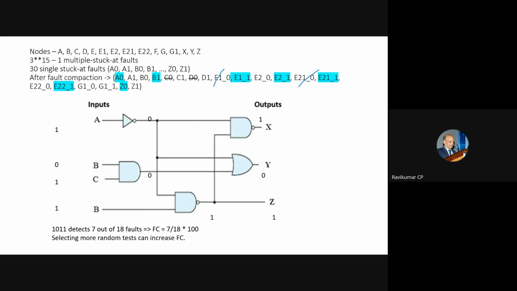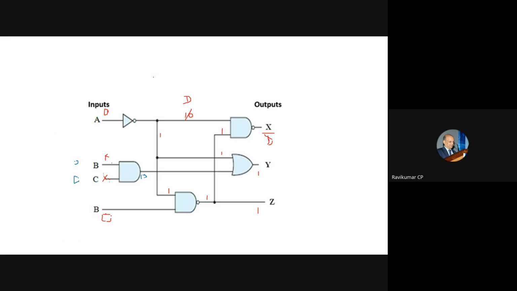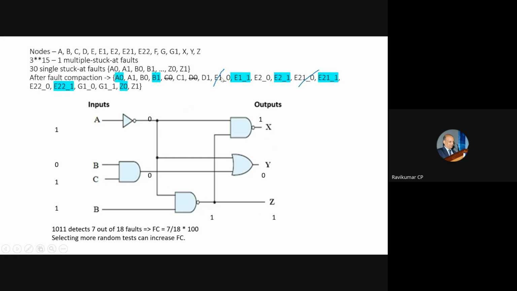And then we have to pick one more. Okay. And see, this is not an easy optimization problem. There is a little bit of a luck here, right? If we had chosen something else instead of 0, 0, maybe we'll get more faults. Or the order in which we select. Okay.